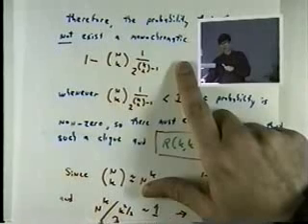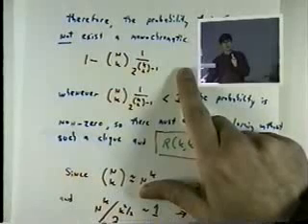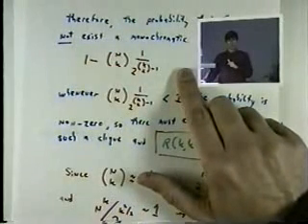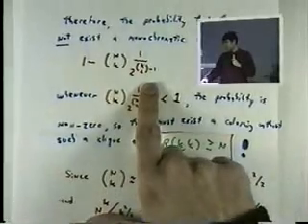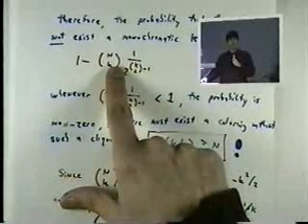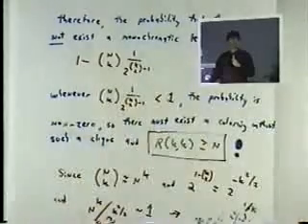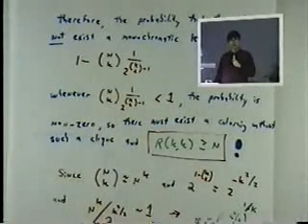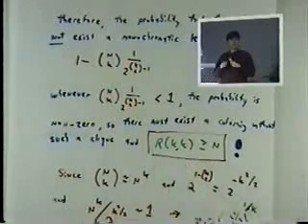If this is greater than 0, that means there had to be some way to flip the coins such that this event actually happened. If there was some way to flip the coins such that there does not exist a monochromatic k-gon for n, then that meant n was not big enough to guarantee the existence of such a thing. And so therefore n has to be bigger than that to make that guarantee.